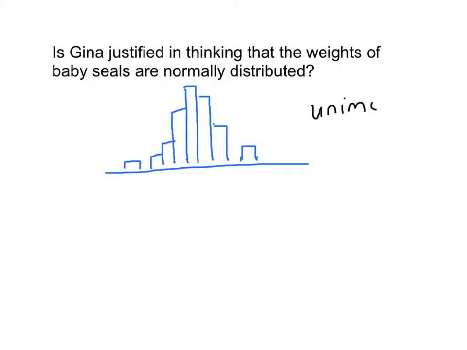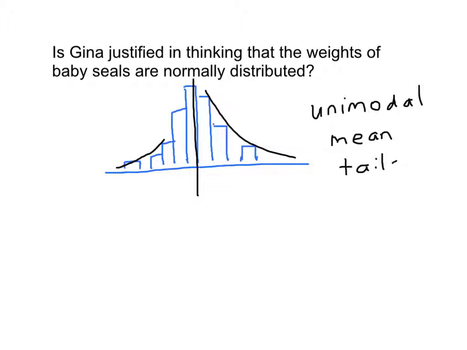It has one peak in the middle, and probably the mean and the median are about in the middle. So I'm looking for where the mean and median is. The tails are going down to almost nothing. Okay, so the tails have very little data in them. It's almost symmetrical.